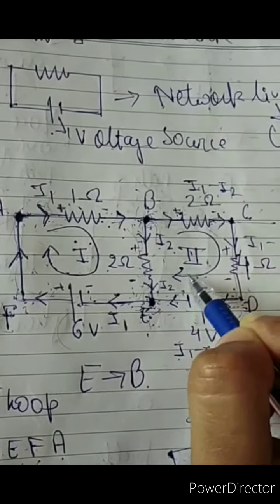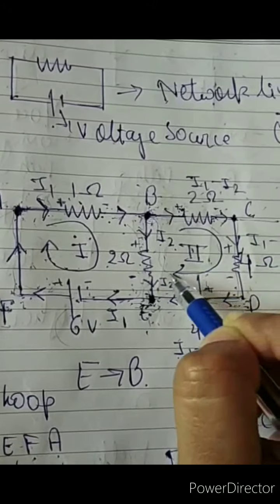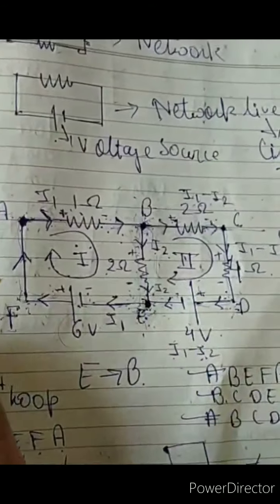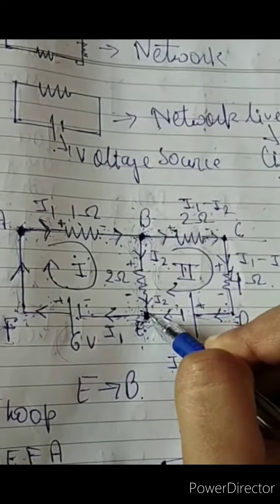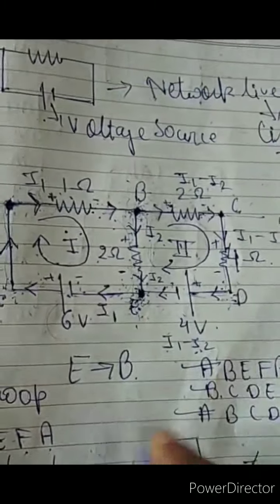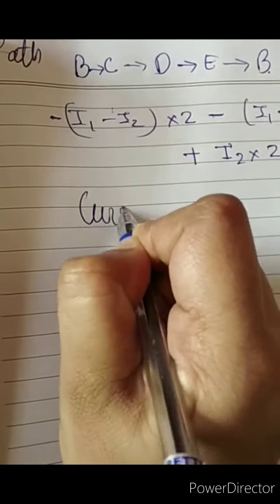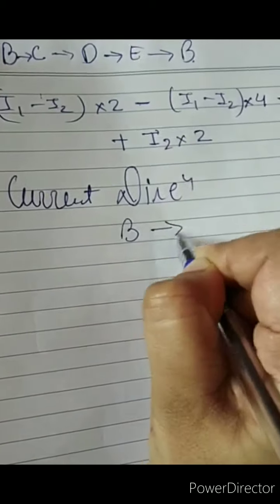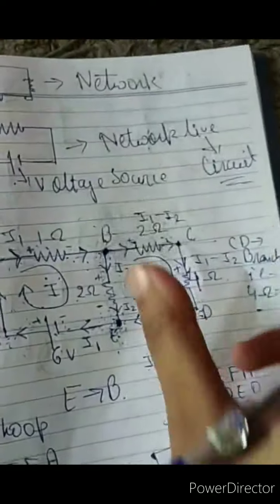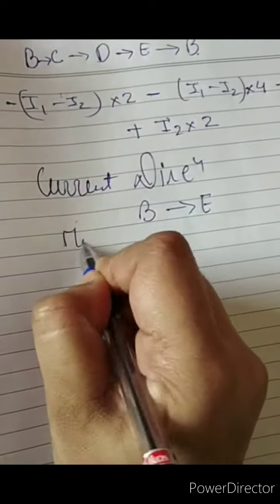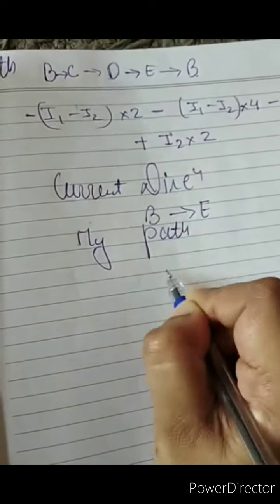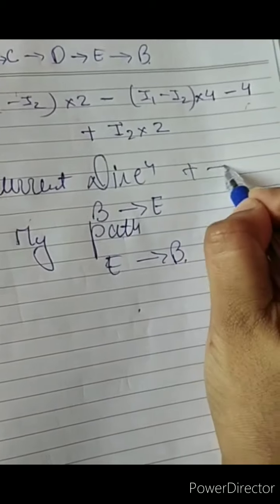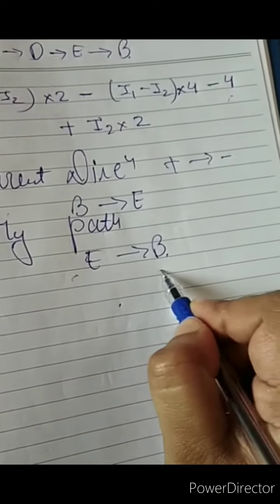My arrow will go in this direction, from E to B. But in this branch, when we distributed the current, it is along this direction, from B to E. This is the direction of current, B to E, and my path is from E to B. Current always flows from positive to negative, and I am going from negative to positive.